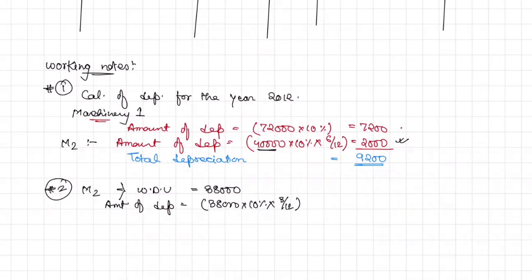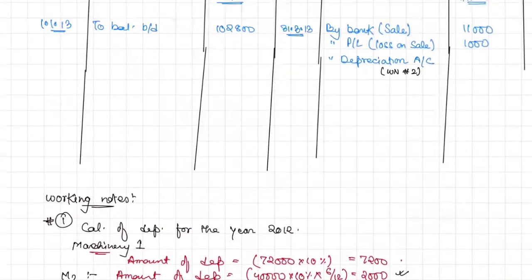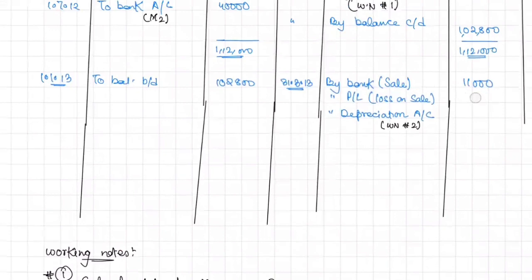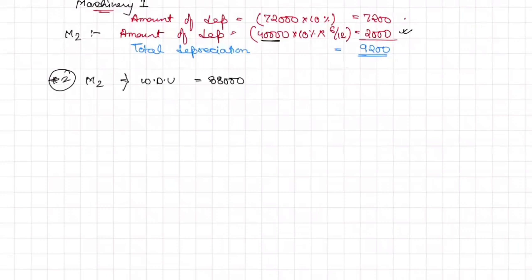I'm sorry. I went a bit wrong. Okay, this profit and loss will also not be there. Okay, so what do we have to do actually? Now see, what is being sold? Okay, at first I'll write it, then we'll discuss. What is being sold is M2. Okay, so let's assume it at the very first.